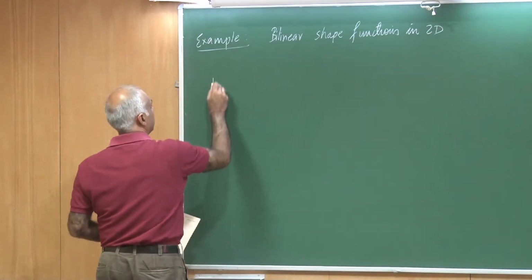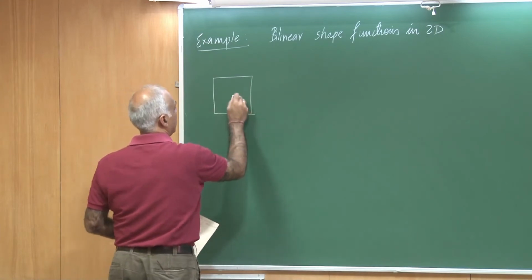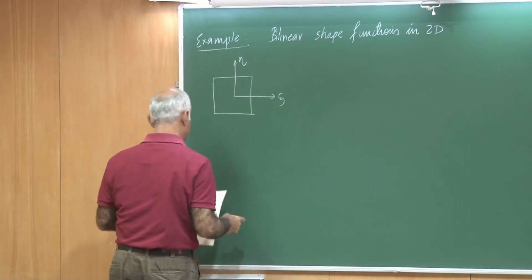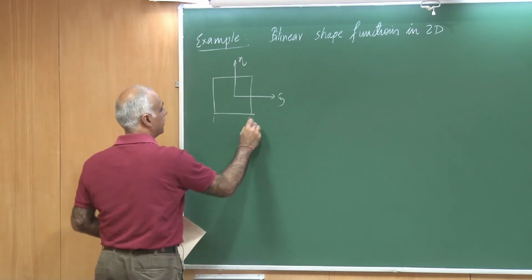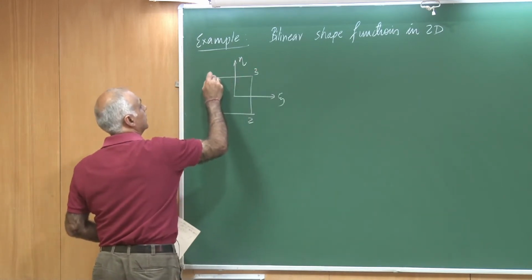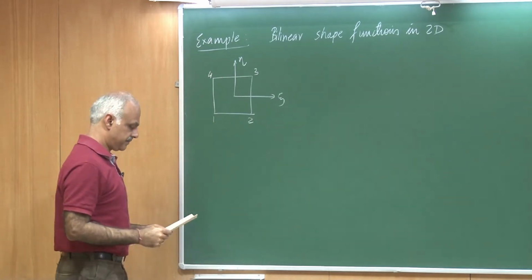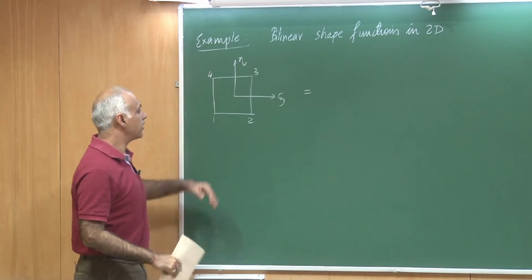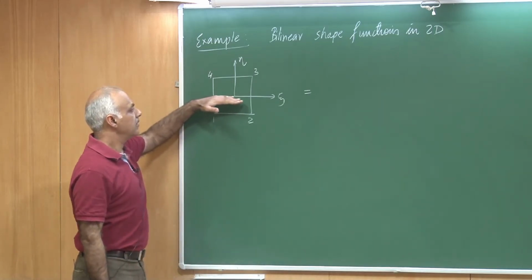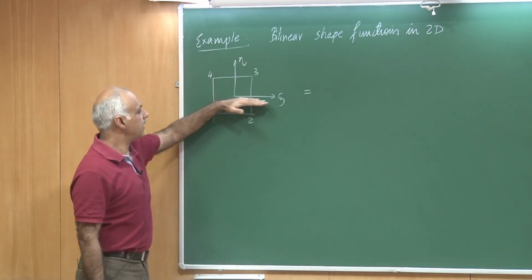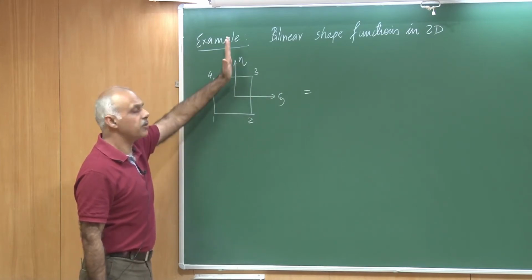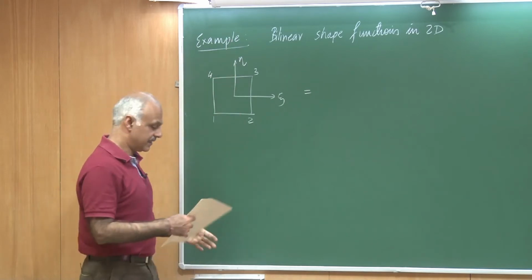So, let us say there are these xi eta coordinate system which we are all familiar with, and I am going to number these nodes as 1, 2, 3, 4. And suppose I take Lagrange polynomials, first order polynomials along the xi direction and cross them with Lagrange polynomials of first order in the eta direction.